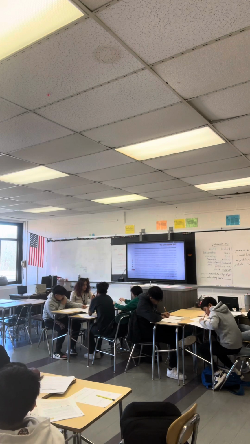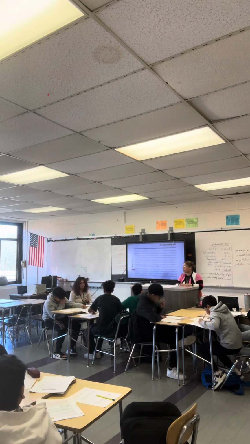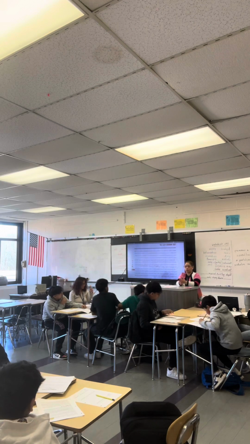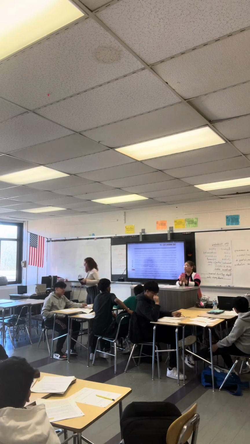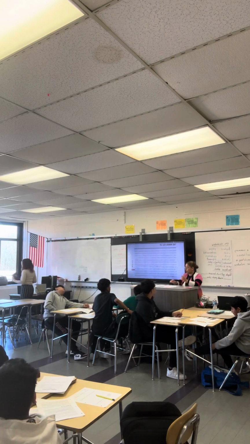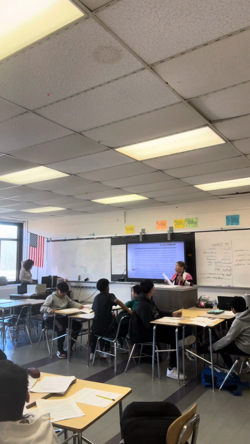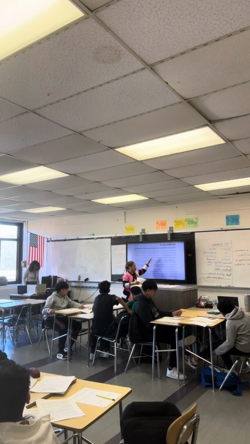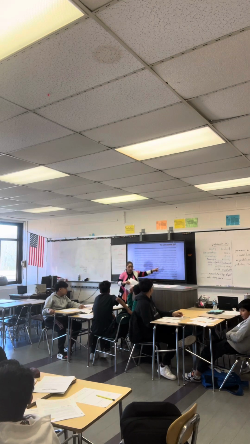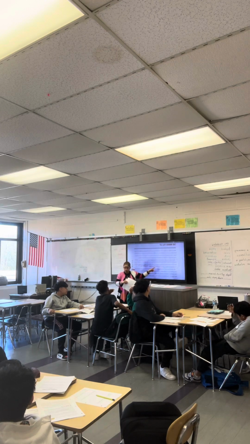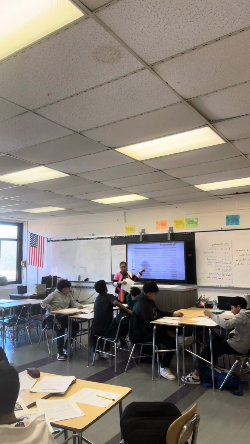All right, guys. All right, everybody. I'm going to stop. We're going to continue. All right, eyes on me. We're going to continue the summary tomorrow. I just want to make sure we remember the steps we took today. We read the paragraph and we found who the paragraph was about, where, and we also found information about what happened.